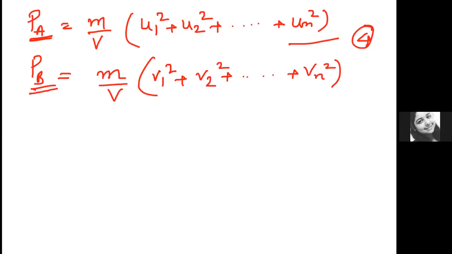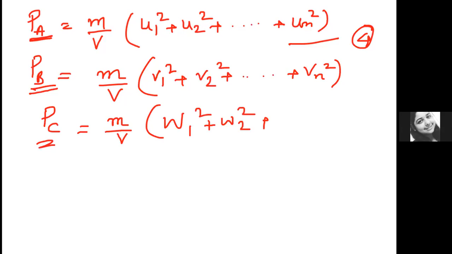So similarly for face C, which is perpendicular to the z-axis, we can write M by V into W1 square plus W2 square plus dot dot dot Wn square.